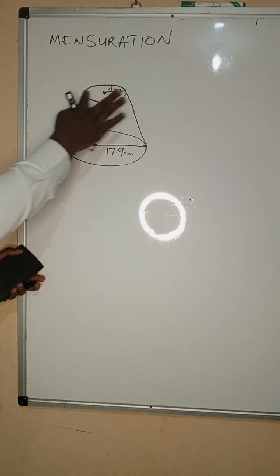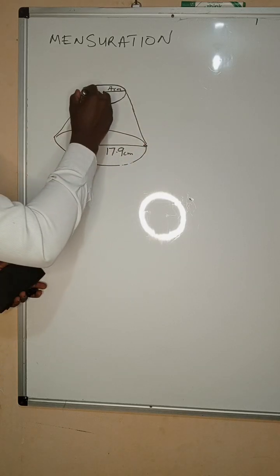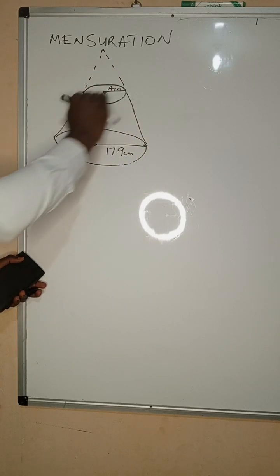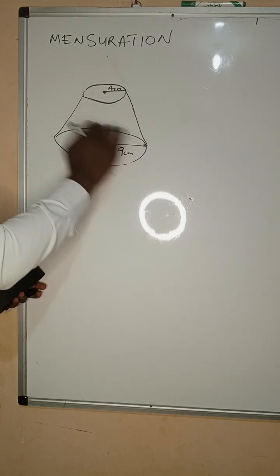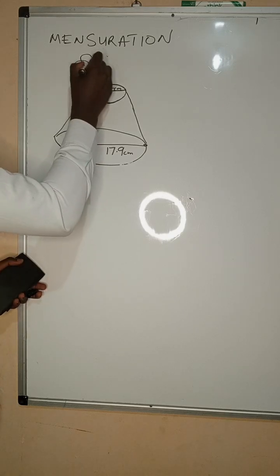The radius of this one is 4, this one is 17.9. So this is like cut off from a complete cone. I've seen a complete cone looks like this, but I've just cut off this. So this part that is down is called the frustum. When you see something like this, it is called a frustum.